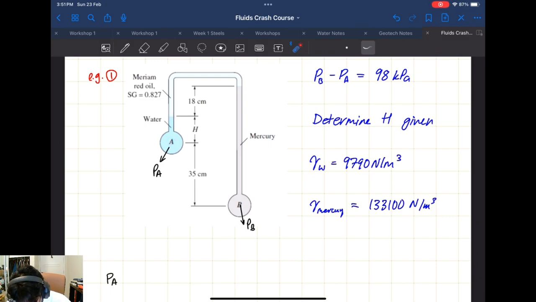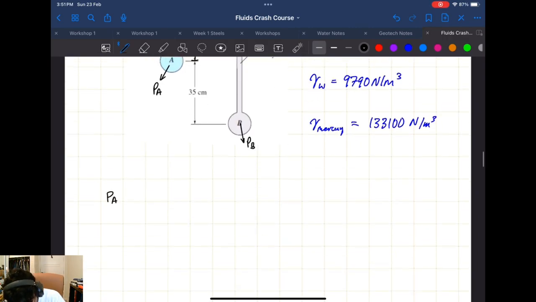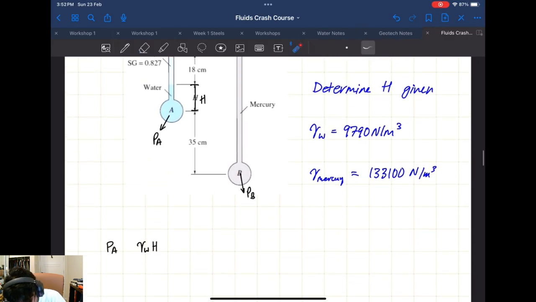So we take the height difference, which they've already given us to be H. We multiply that by the unit weight of water, so unit weight of water times H. And because the point where the water ends is above point A, the height difference is positive, so we have to take it as minus.